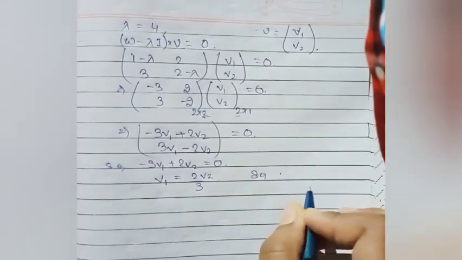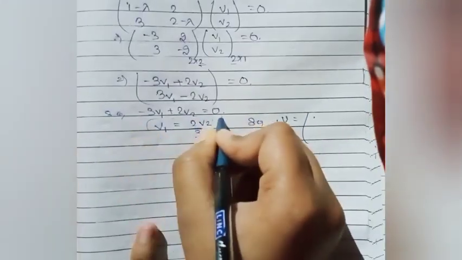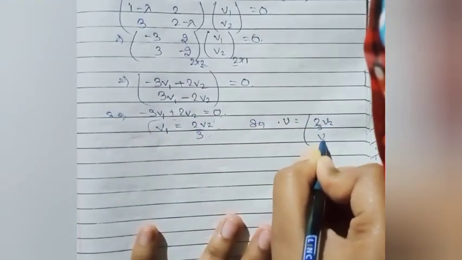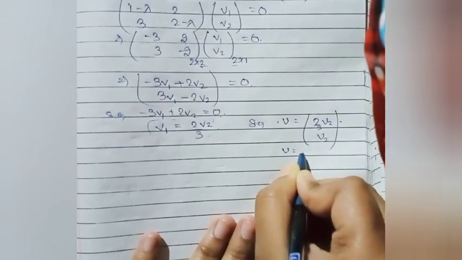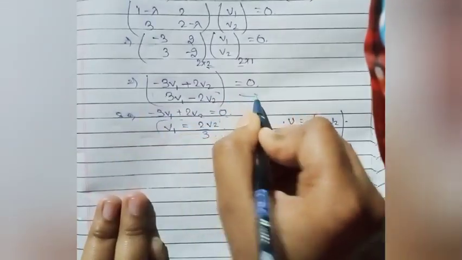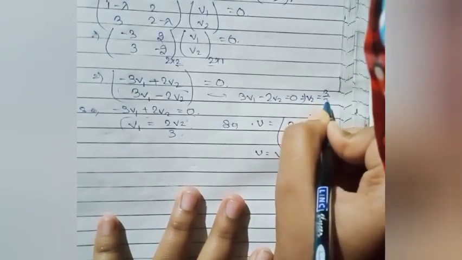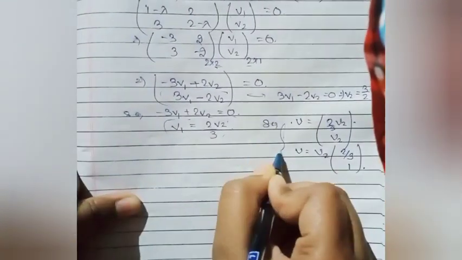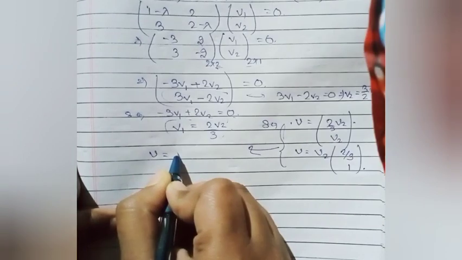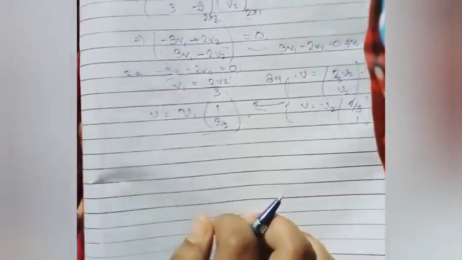So we can write v, replacing v1, as 2 v2 by 3 and v2, which, taking v2 as common, is 2 by 3 1. Similarly, from the other equation, 3 v1 minus 2 v2 equals 0. Writing v2 in terms of v1, it will give 3 by 2 v1. So another eigenvector will be, after taking v1 as common, 1, 3 by 2. We can take any one of these.